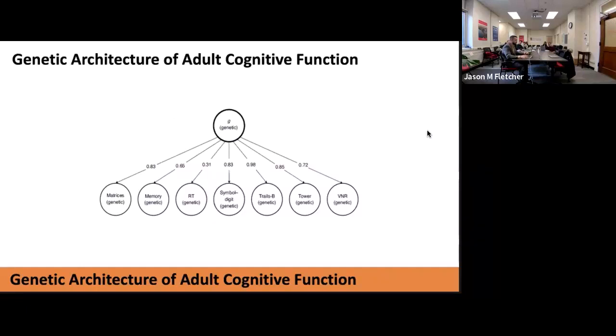The model specified the genetic component of each of the individual tests, as represented by the circles at the bottom of the path diagram, to load on a single general common factor, which we termed genetic g, representing the shared genetic variance component among the 7 traits. But for each trait, we also additionally estimated residual trait-specific genetic variance components.